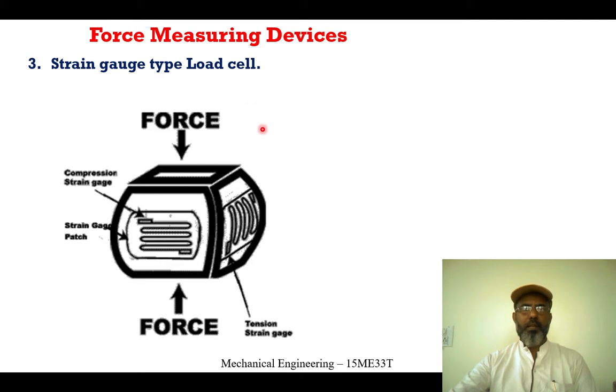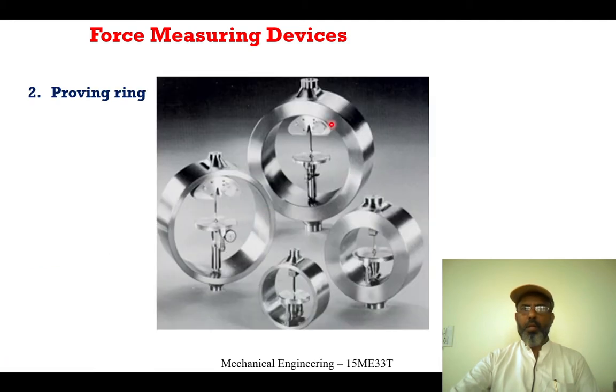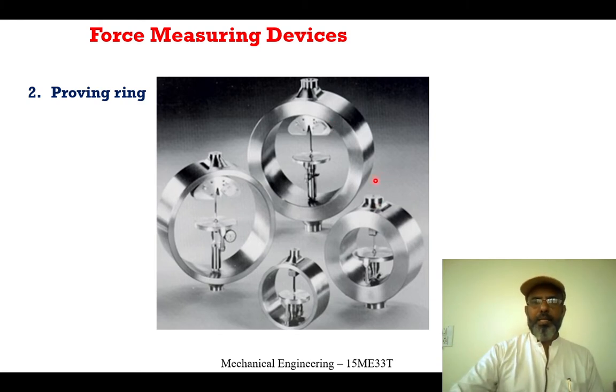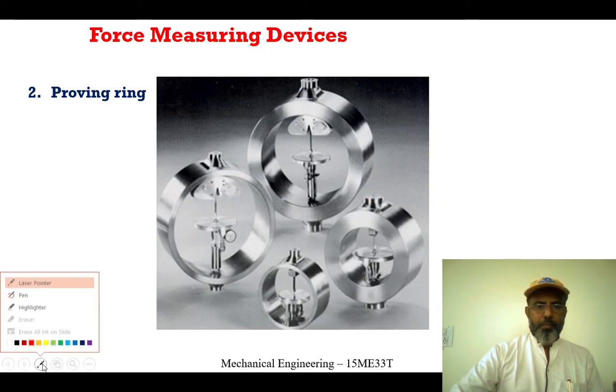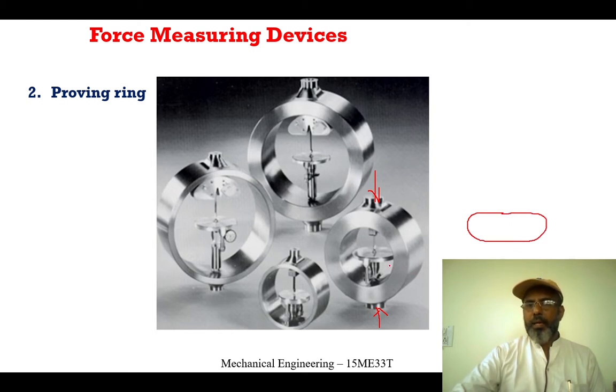In the proving ring, last session in which I have discussed, here also, when you are going to apply either tensile or compressive load, when you are going to apply this tensile load, this proving ring will get deformed in this shape, and this deformation is proportional with the applied load, and the measurement of this diameter gives directly the applied load.